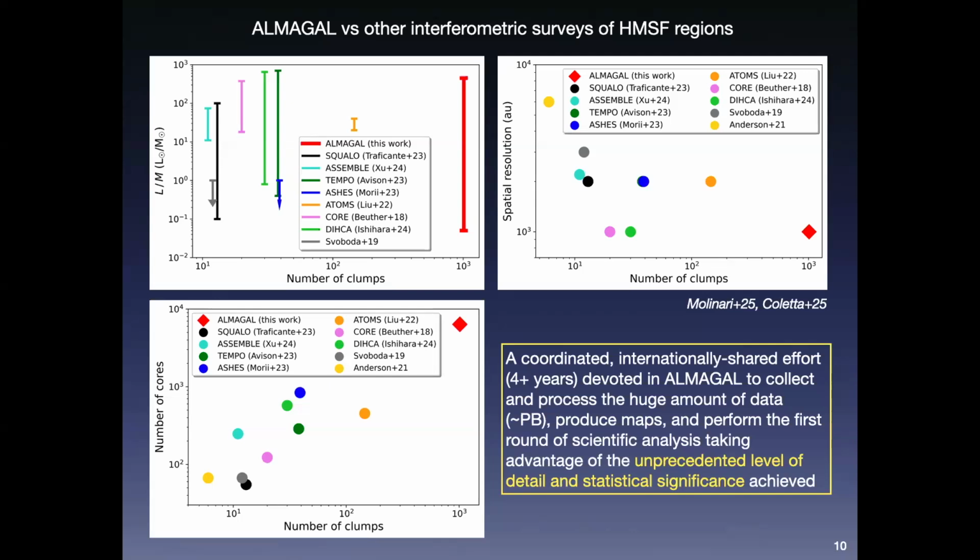Of course, all these observations required an international effort to collect the data, to process the data, to produce maps, and then start doing the first scientific analysis to take the best advantage of having an unprecedented level of accuracy and statistical significance of our sample for this kind of studies.